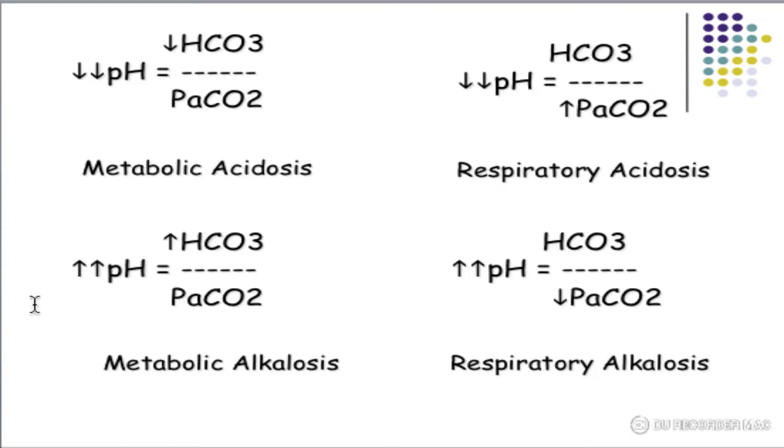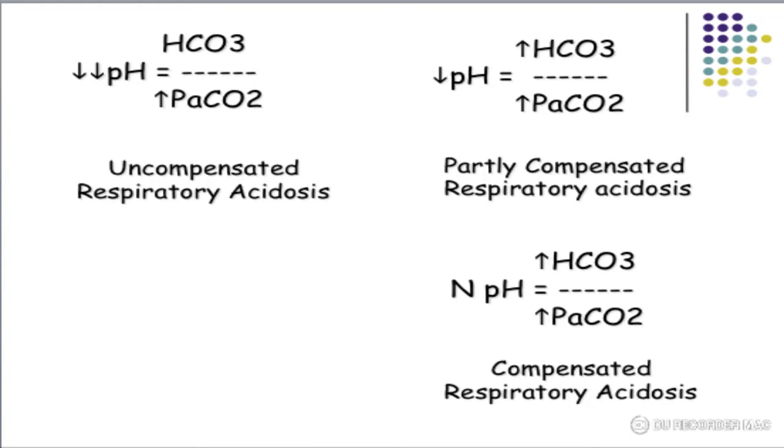There will be an uncompensated respiratory acidosis if, take note, the bicarbonate is normal, your pH is decreased, and your PaCO2 increased. With normal bicarbonate, it will be an uncompensated respiratory acidosis.